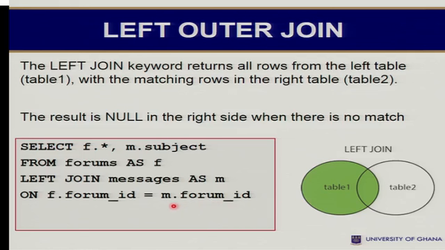So this is actually going to give us the data which is in table 1. In this case, our left table is forums. So we are going to have all the data in the forum displayed, including the data that is intersecting with the messages table.